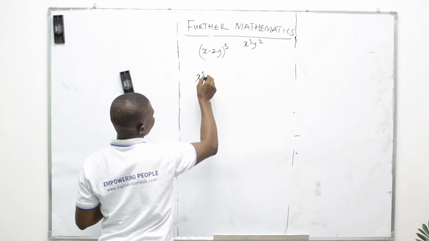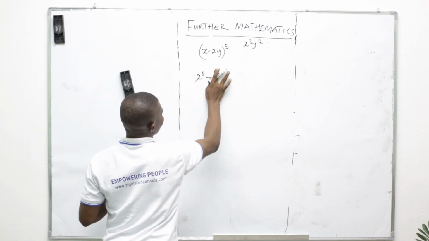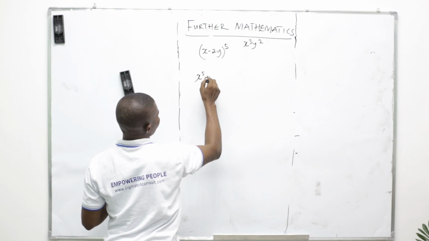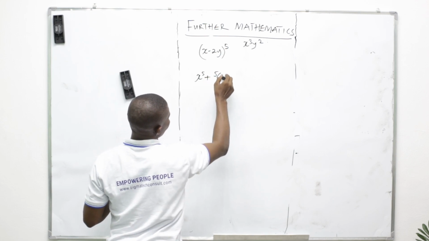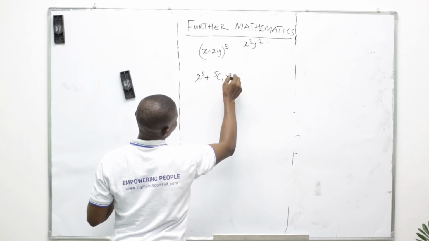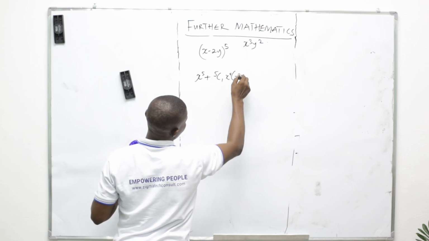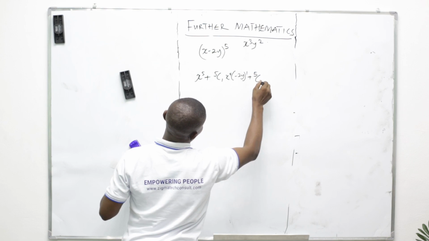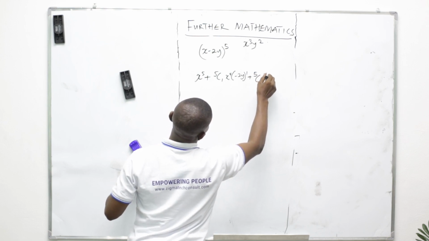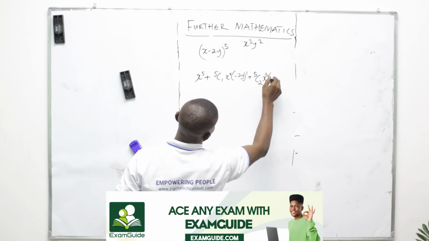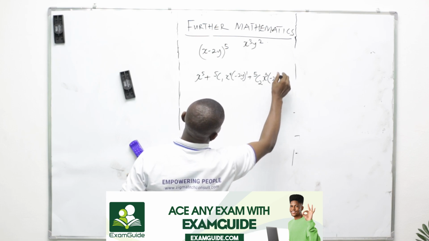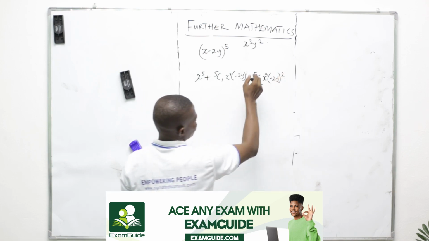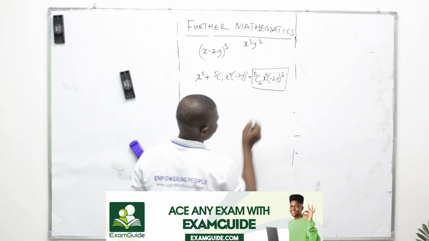This x to the 5 minus, plus 5 combination 1 into x to the 4 into minus 2y raised to the power 1 plus 5 combination 2 into x cube into minus 2y all square. So look at the interest of this question just here.